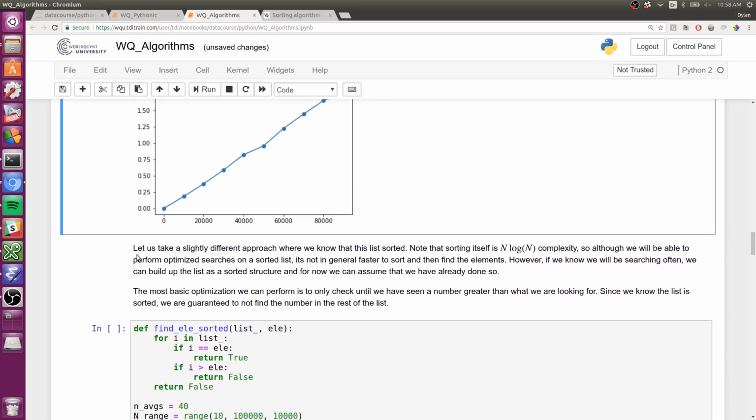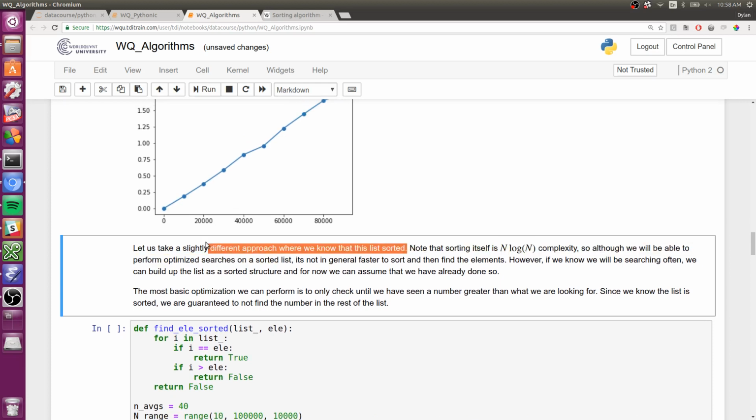Let's now assume that the list is sorted. If the list is sorted, we can try a different approach using this information to our advantage to find an element faster. Now note that sorting takes n log n time.